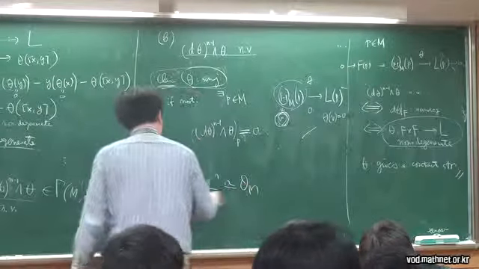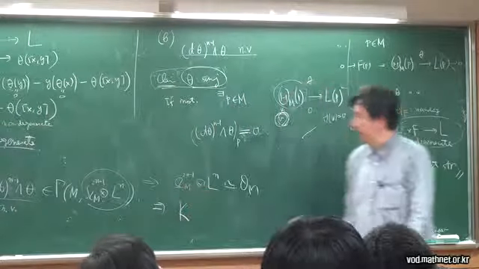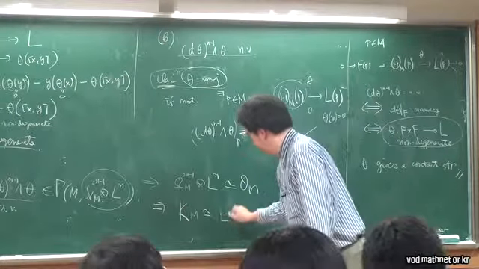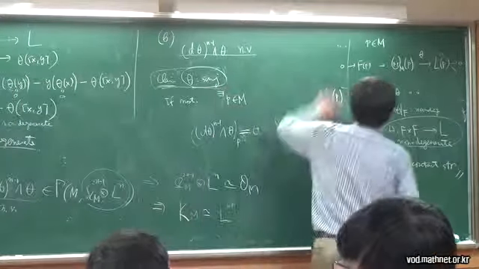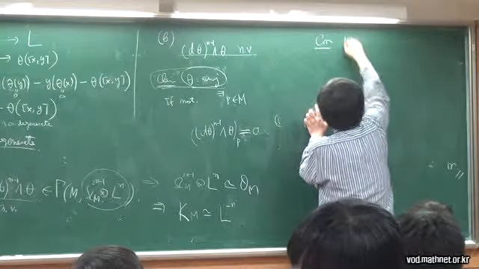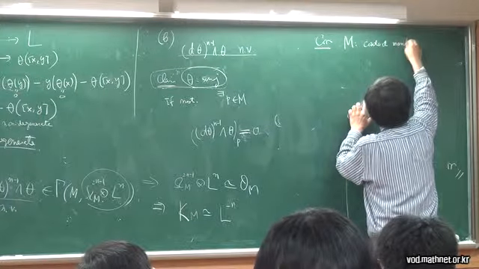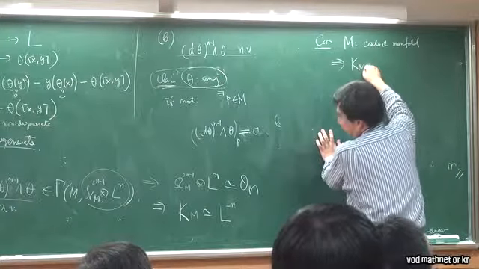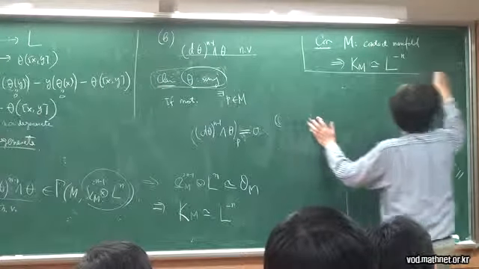So it implies that this is the canonical bundle, since the dimension of M is 2n minus 1. So we have a corollary: if M is a contact manifold, a complex manifold with contact structure, then the canonical line bundle is this. This is the important corollary.